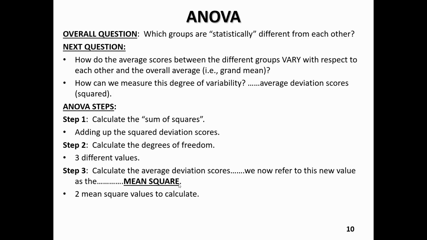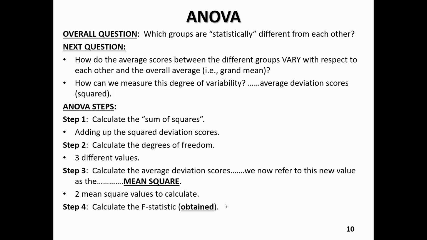In this statistical procedure, there are 2 mean square values to calculate, and that will give us what's called our F statistic. This is what we call our obtained F statistic. This one here in step 4 is based on the actual data.